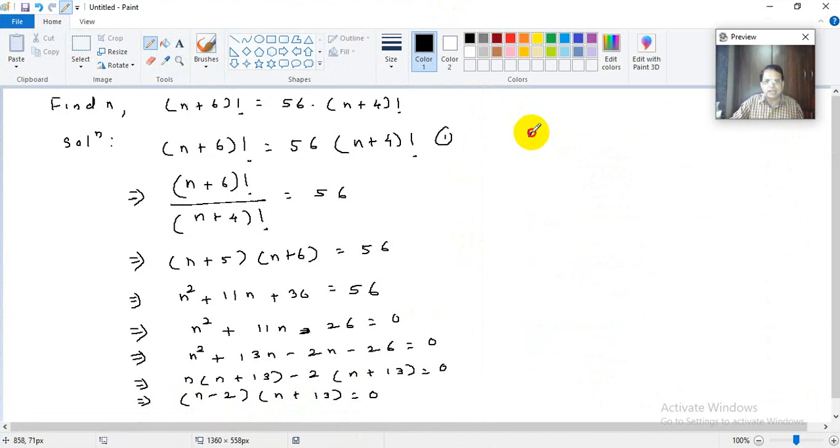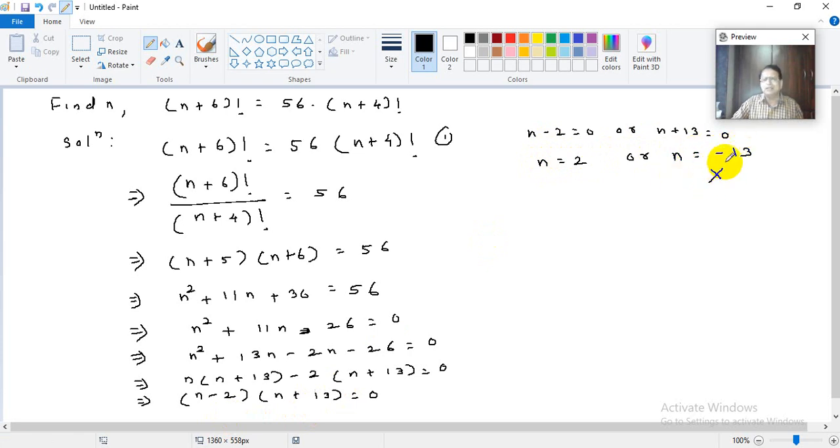It means either n minus 2 is 0 or n plus 13 is 0. Because we know product of two terms will be 0 when one of them is 0, this or this. That is what we have written. That means n is equal to 2 or n is equal to minus 13.